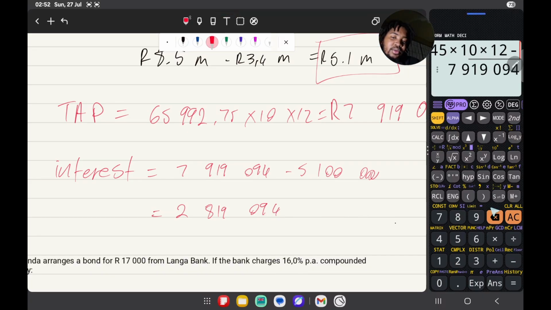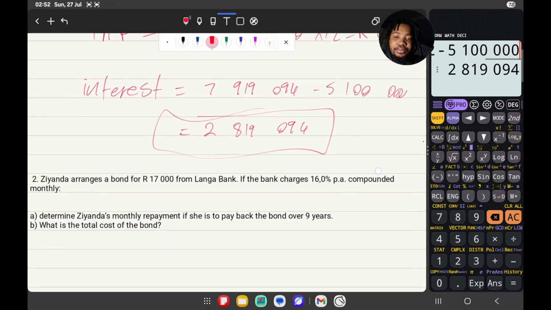Let me actually test it out. The difference is 2,818,971. So this is the interest that our guy paid, meaning that if he had managed to have 5.1 million without actually borrowing it, he would have saved almost 3 million.